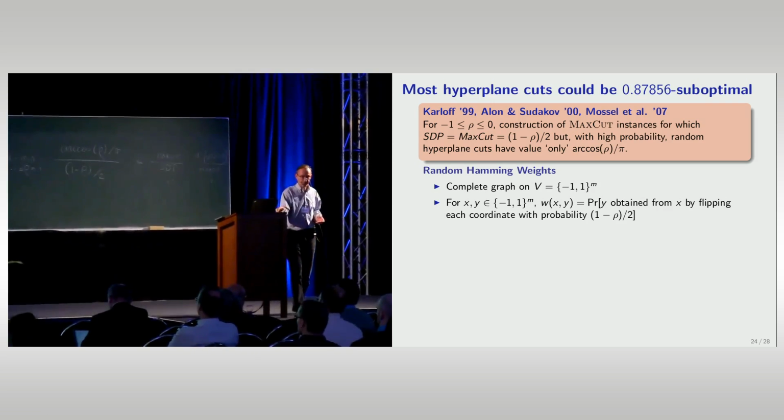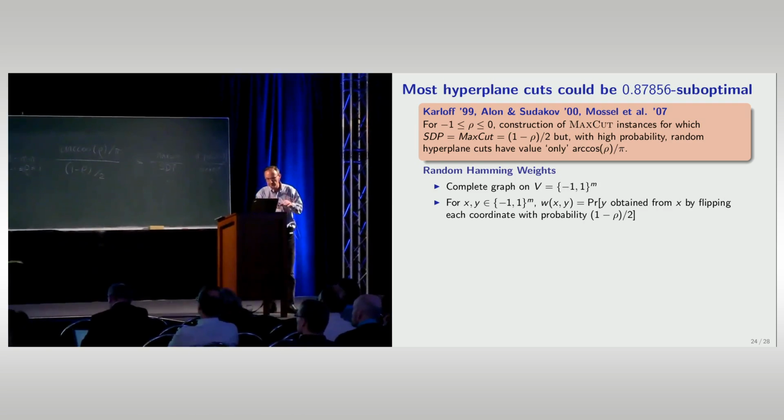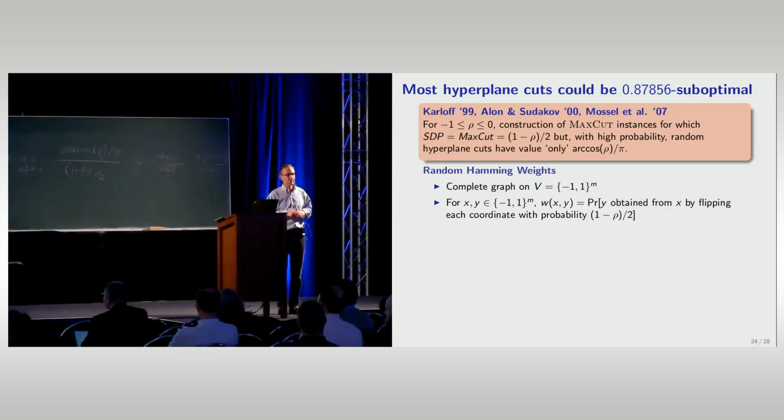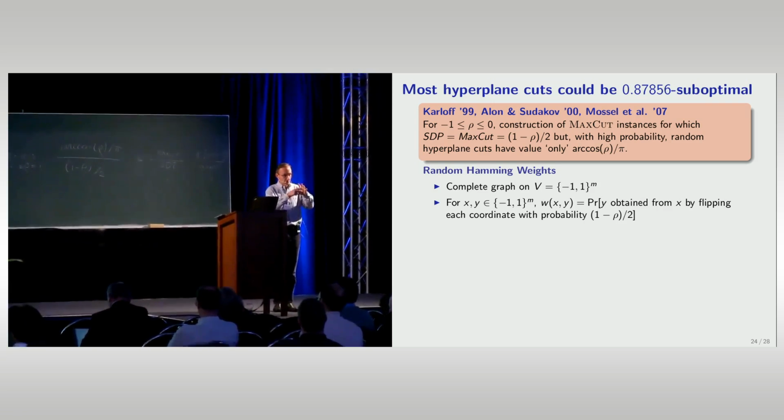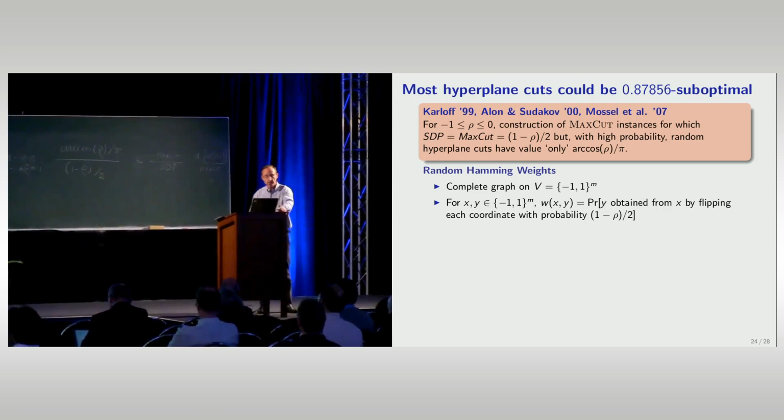What you do is, it's a random construction. We could give a deterministic construction, but let's say this is better for the analysis. So your vertex set is {-1,1}^m, the m-dimensional cube, and you put all the edges, so it's a complete graph, and the weight of an edge is essentially a Bernoulli random variable.